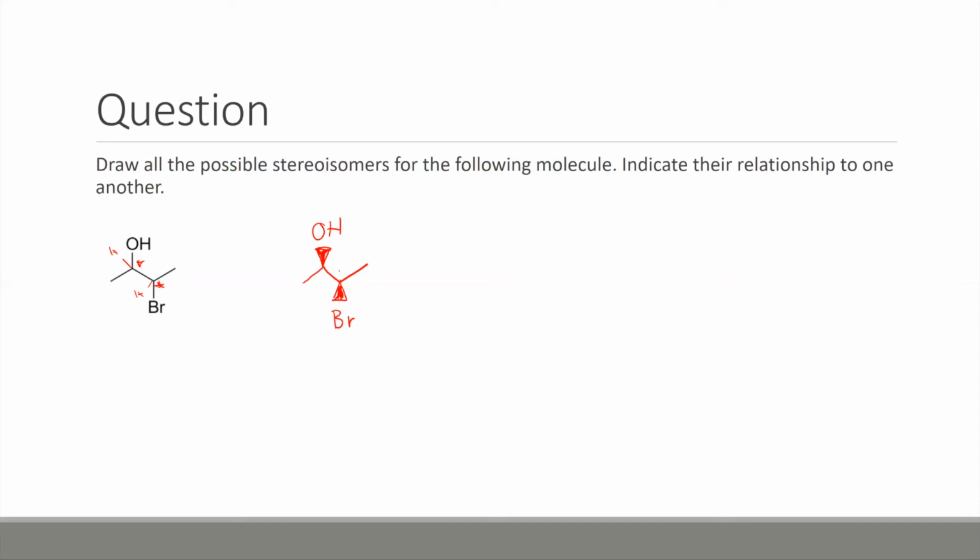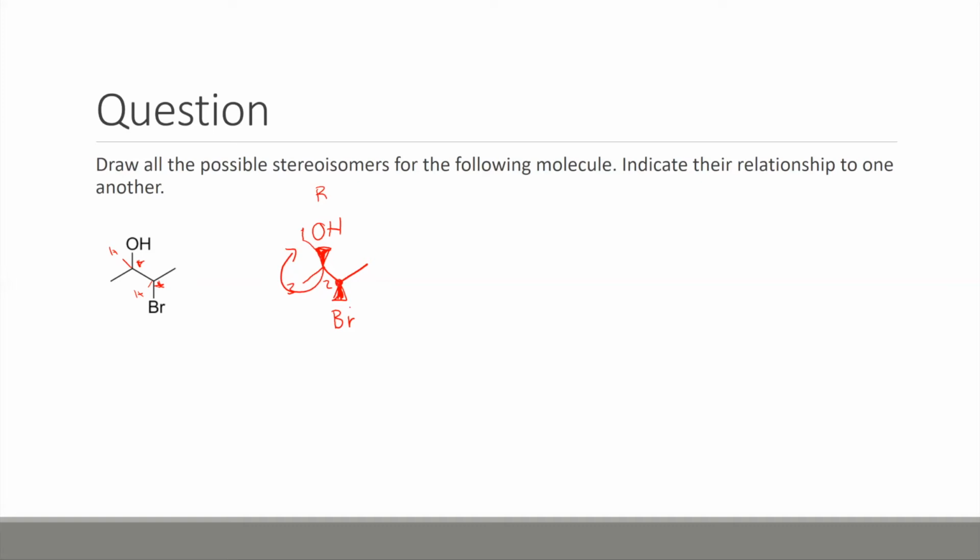So let's assign the R/S configuration to this chiral center with the OH. Here, the oxygen is going to get precedence as 1. This would be 2, and this would be 3. So this is going clockwise, making this an R configuration.